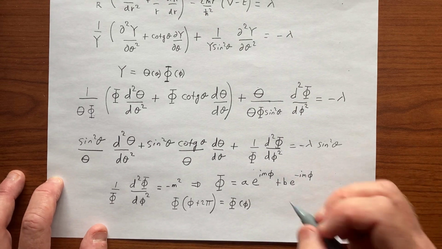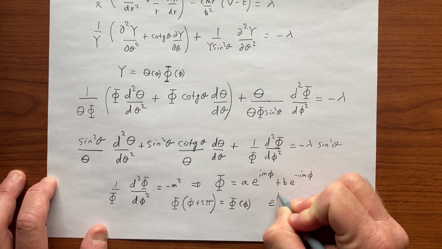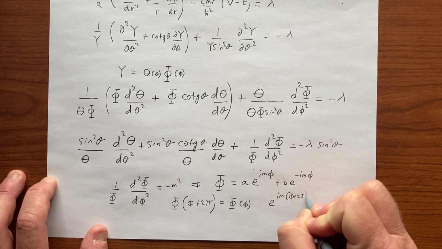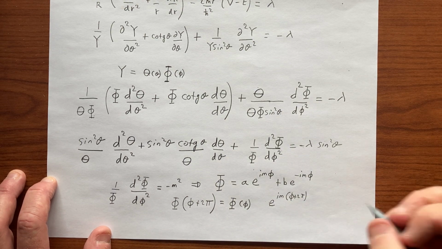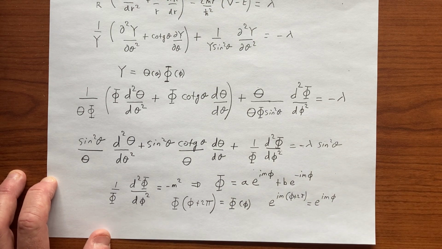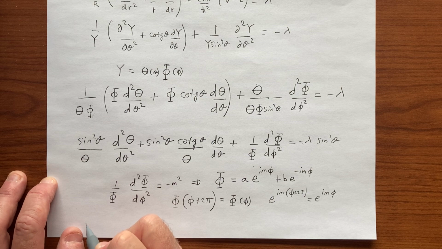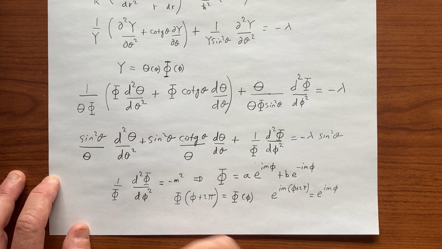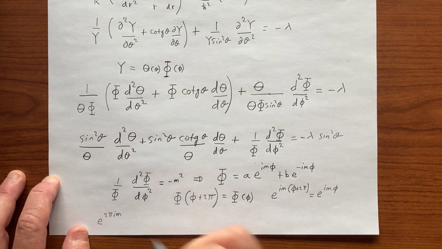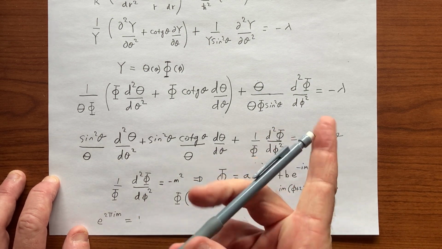And so we can say that e to the i m (phi plus 2 pi) is equal to e to the i m phi. And so e to the 2 pi i m is equal to 1.